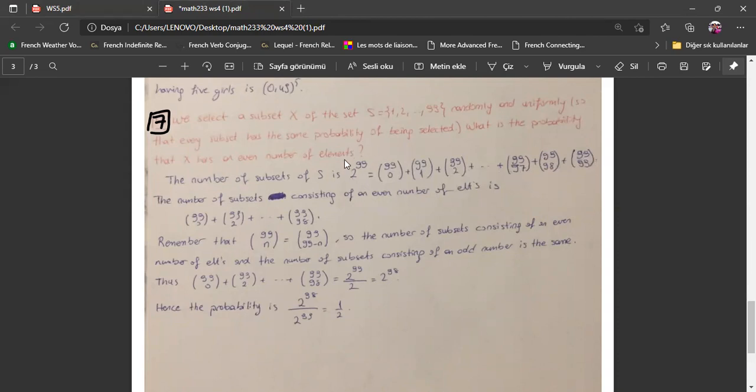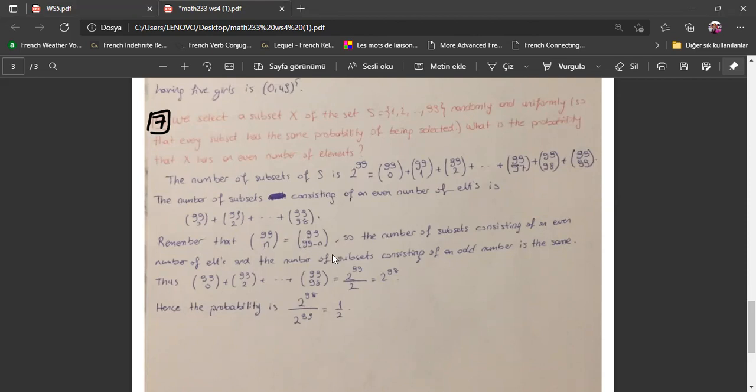Now, this is the number of subsets of S. The number of subsets of S having an even number of elements is this. Either that subset has no elements, or 2 elements, or 4, or 6, till 98, right? But we know, on the other hand, that 99 choose n is equal to 99 choose 99 minus n, for any n.